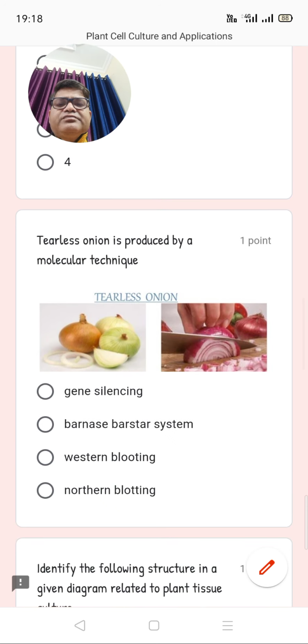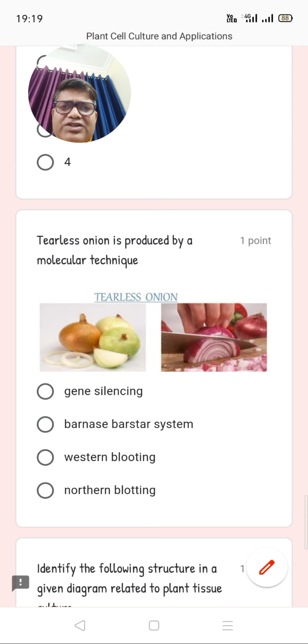Next, tearless onion is produced by a molecular technique similar to antisense RNA technology, that is gene silencing. Suppose you are cutting an onion and your eyes feel tears.